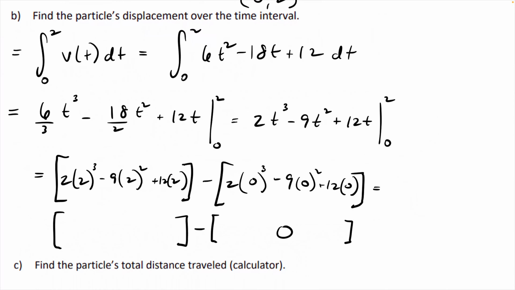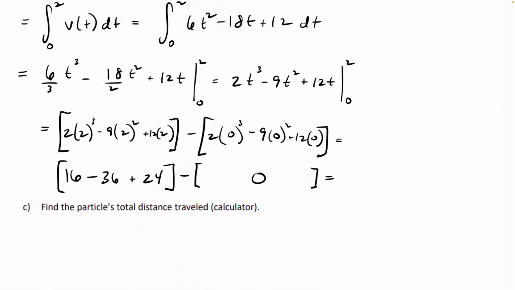So let's see, 2 cubed is 8 times 2 is 16. 2 squared is 4 times 9 is negative 36, plus 2 times 12 is 24. So let's see, it'd be negative 16 plus 24. No, negative 20 plus 24 is 4, right? 4 minus 0 is 4.